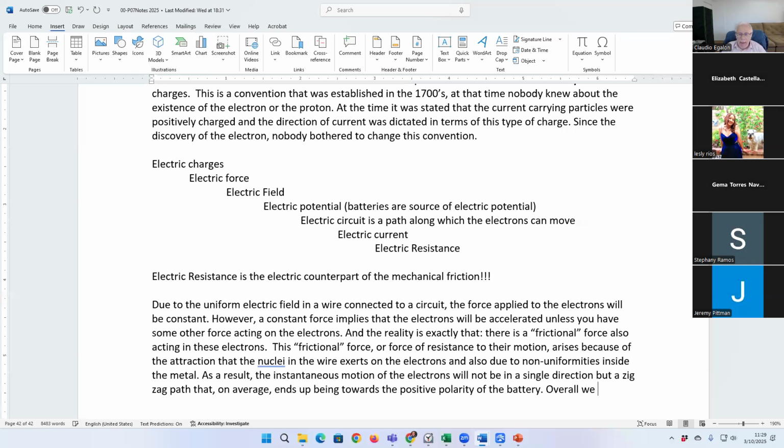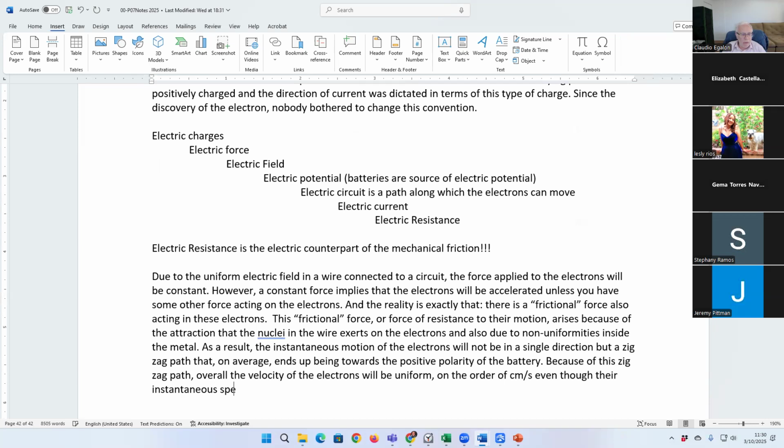Overall, because of the zigzag path, the velocity of the electrons will be uniform, on the order of centimeters per second, even though their instantaneous speed will be much higher than that.